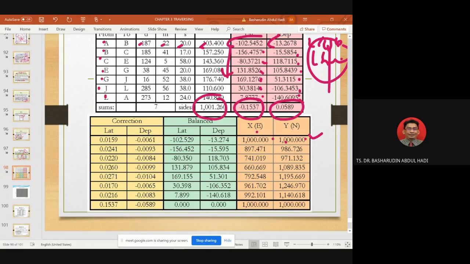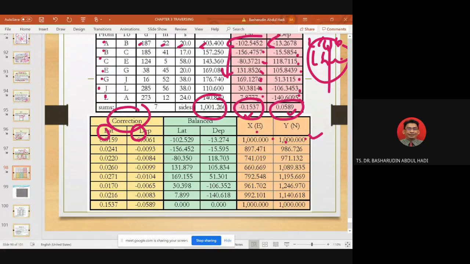The error of latitude is negative 0.1537 and the error for departure is positive 0.0589.